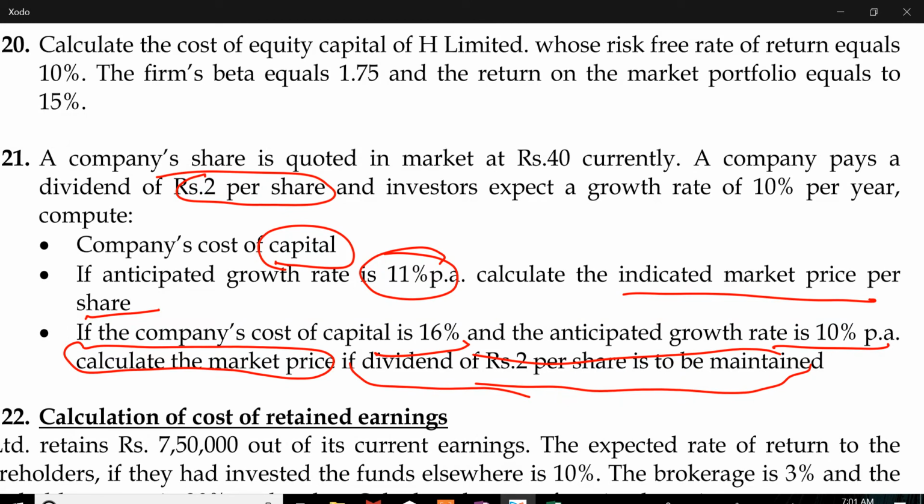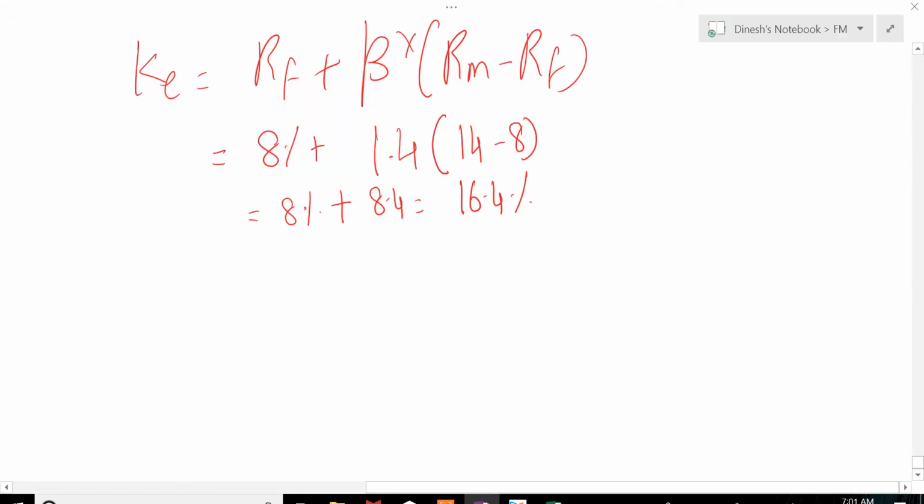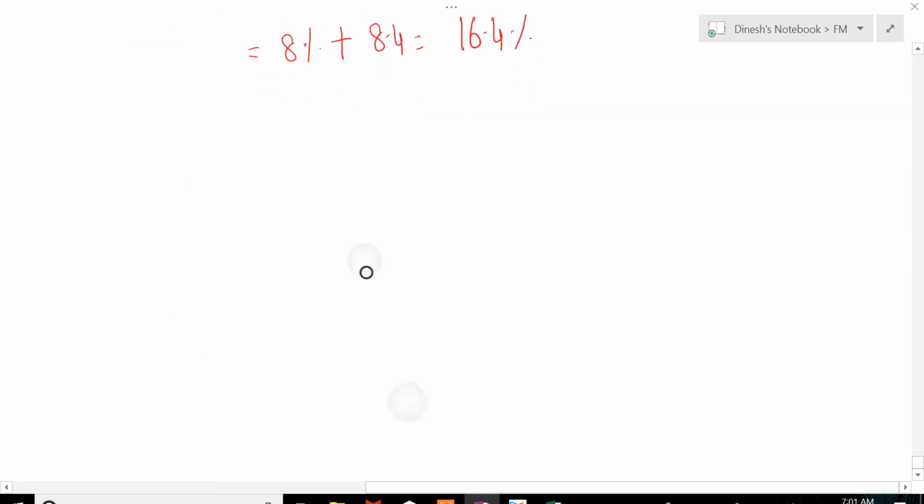Let's start part 1. KE equal to D1 by P naught plus growth rate.